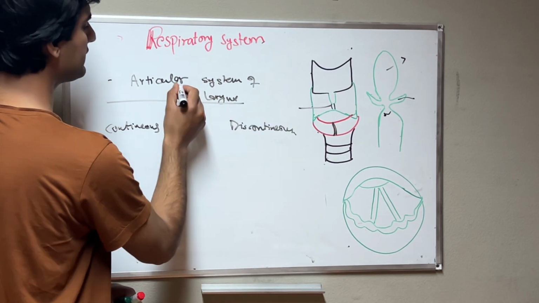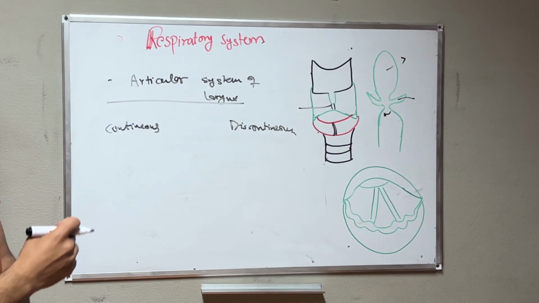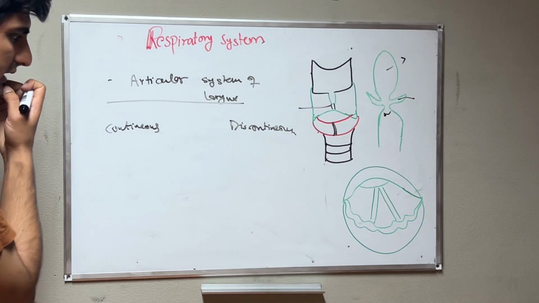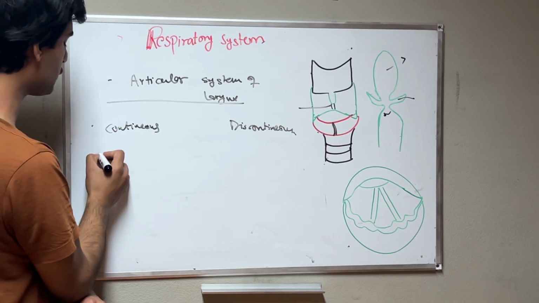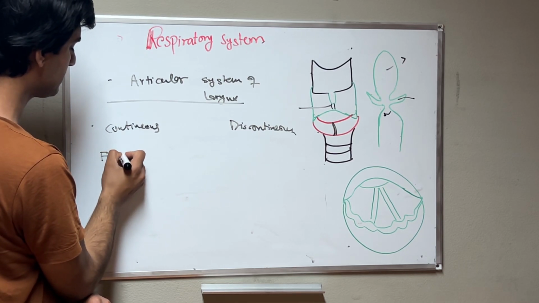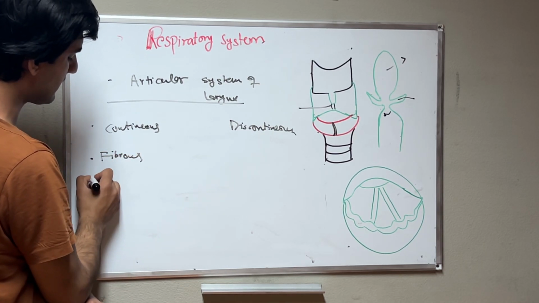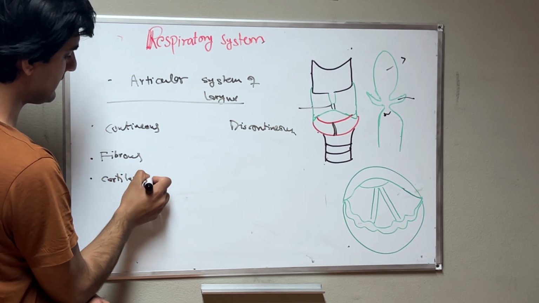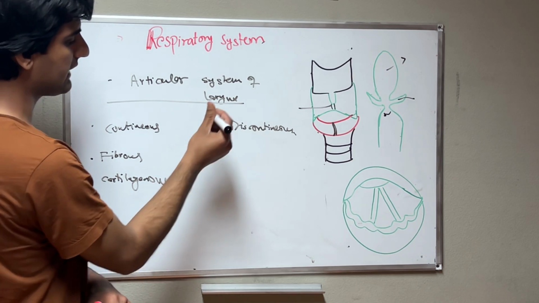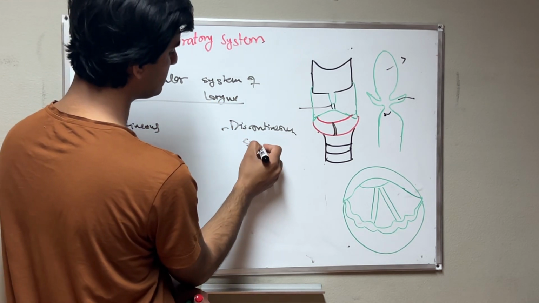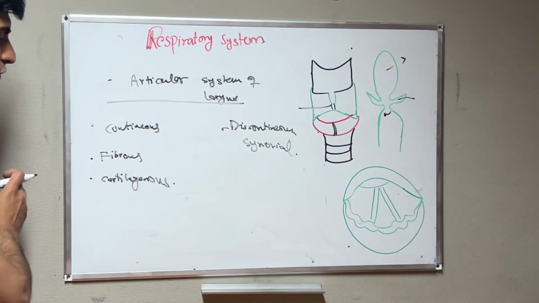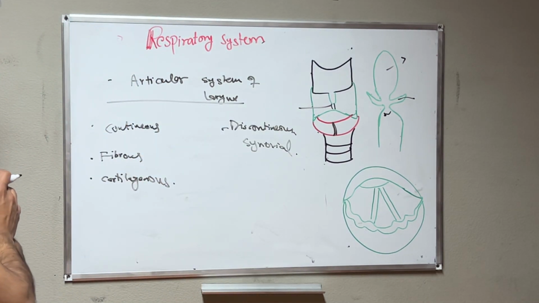This articular system is very important for the ligaments and joints in the larynx. Continuous has 2 types, fibrous and cartilaginous, and discontinuous is synovial. First we talk about the continuous articulating system of the larynx.